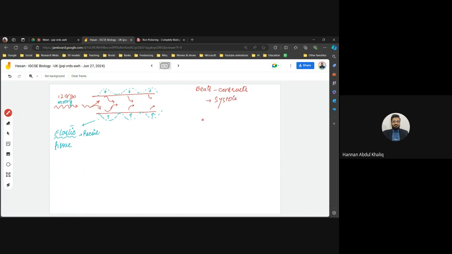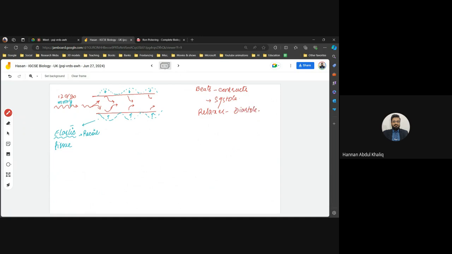In other pronunciation it is also called systole, but systole is the pronunciation in British English. And when the heart relaxes, it is called diastole.